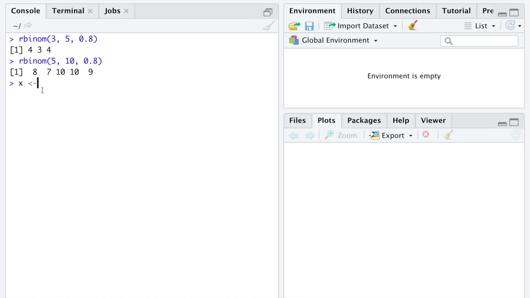Okay, now let's try to estimate the population mean of a binomial. So we're just going to generate 5,001 binomial observations that are like, let's say, 10 coin flips in each batch of an unfair coin that has probability of success of 0.8.